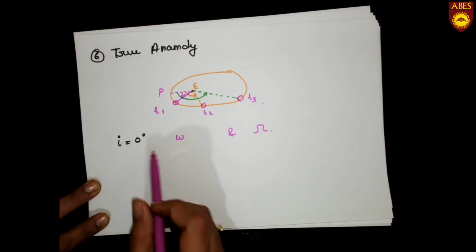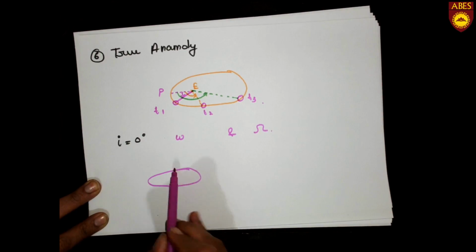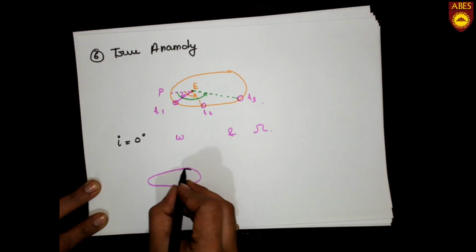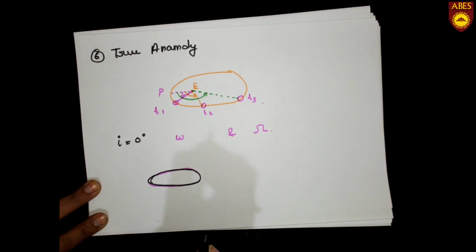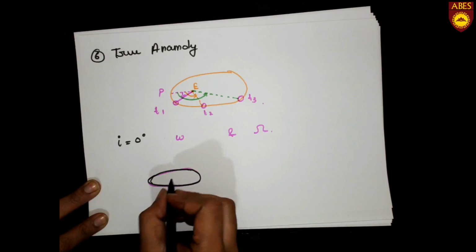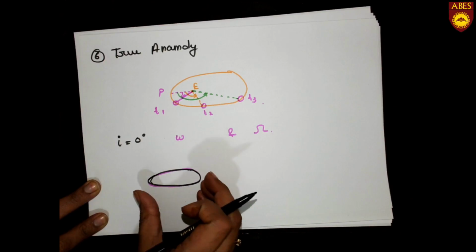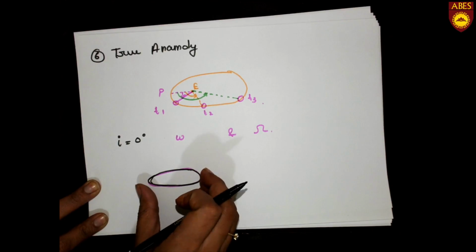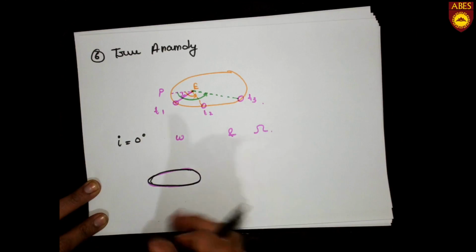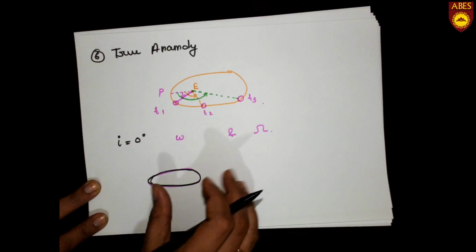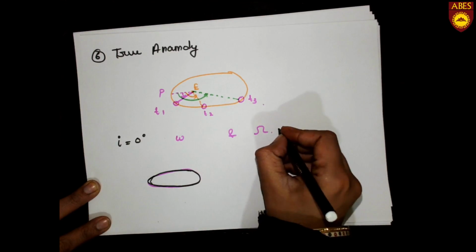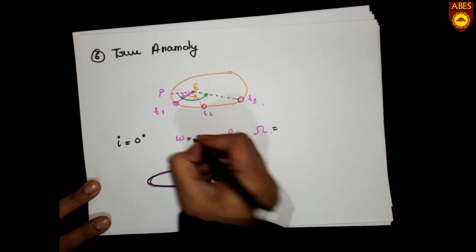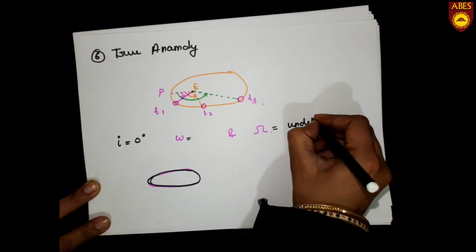Now if it is 0, then this is the equatorial plane and this should be the orbit lying just above the equatorial plane. So inclination is 0. Now when the inclination is 0, then there should not be any point which is termed as argument of perigee. When we are not having argument of perigee, then it is said to be undefined.